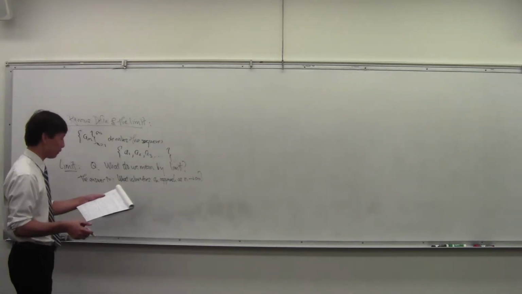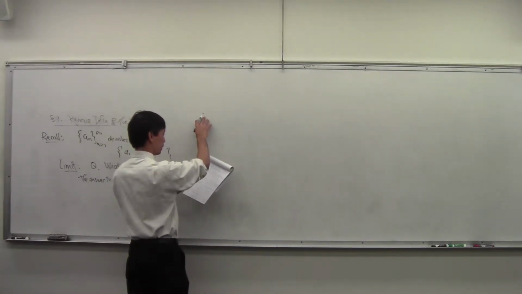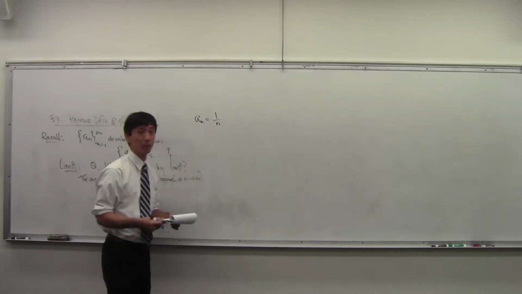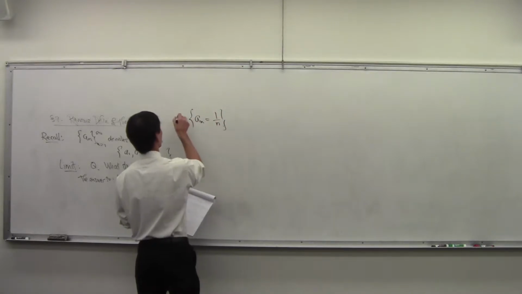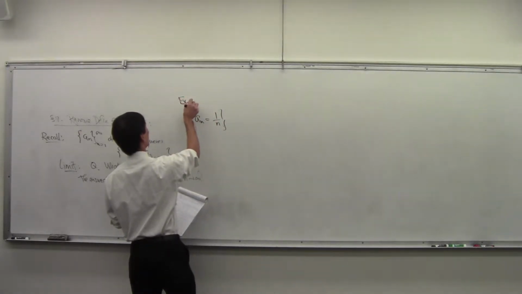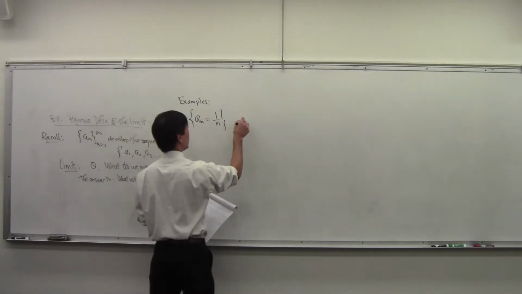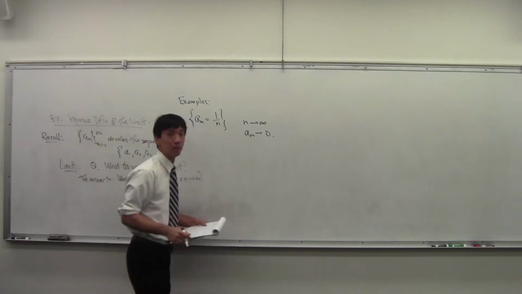So for example, if a sub n is 1 over n, right? As n goes to infinity, then this a sub n goes to 0.